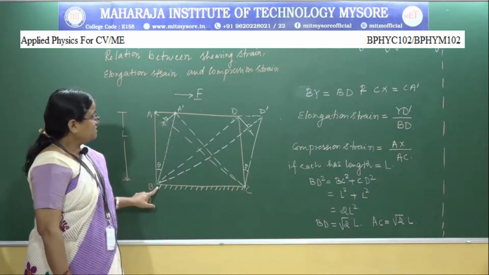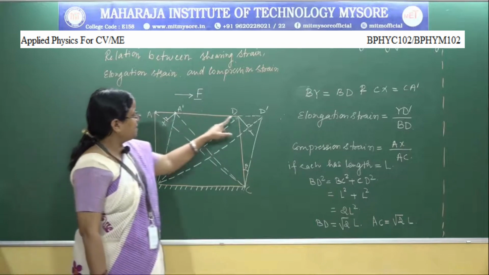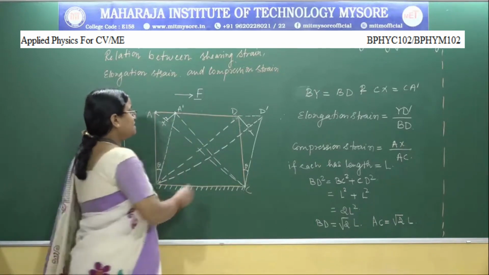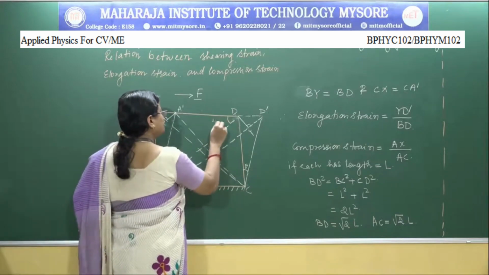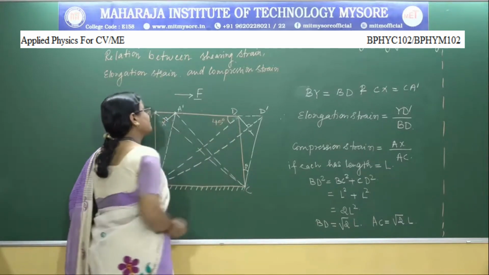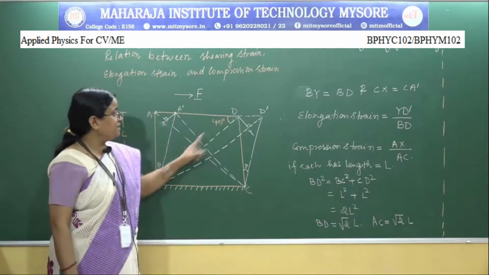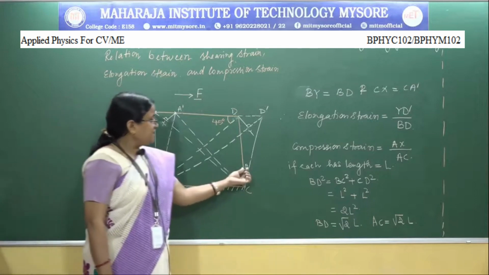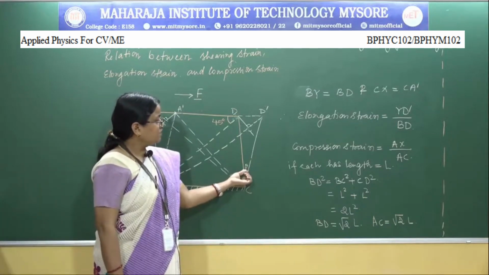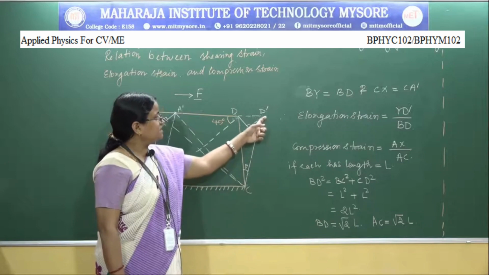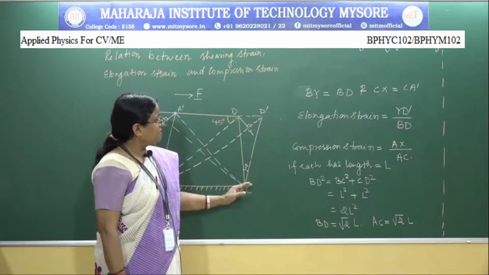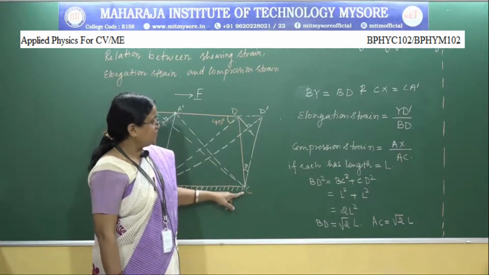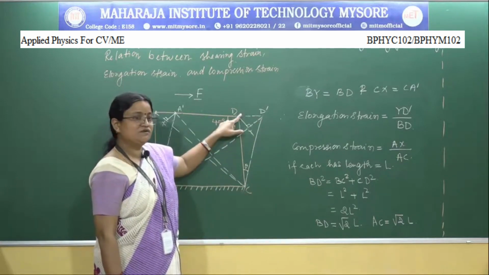So if we consider the triangle ADB, we can say that this angle ADB is 45 degree. Now as this theta is a very small change, we can consider that CD dash is overlapping on CD itself.